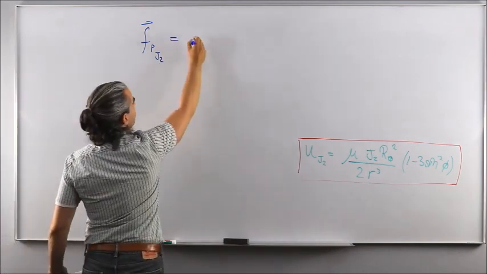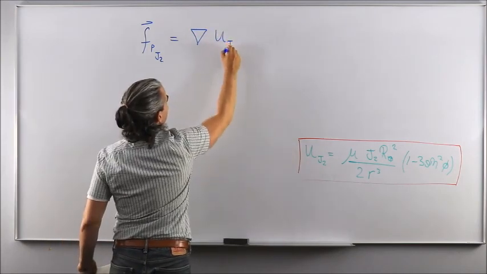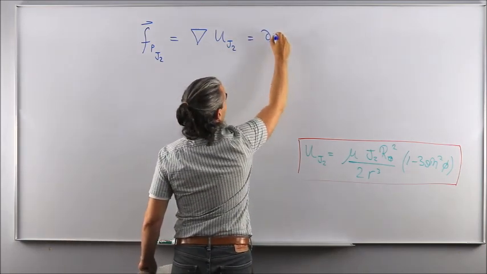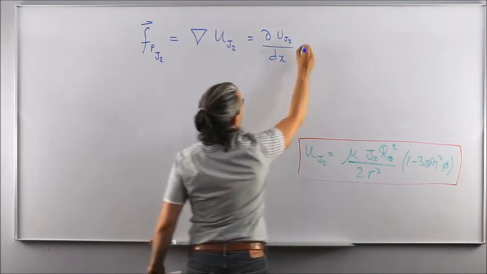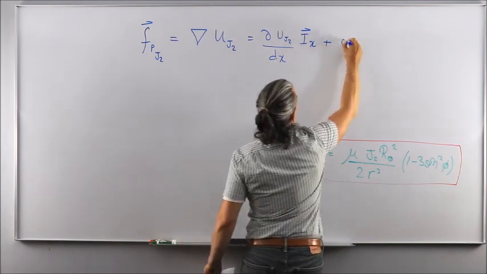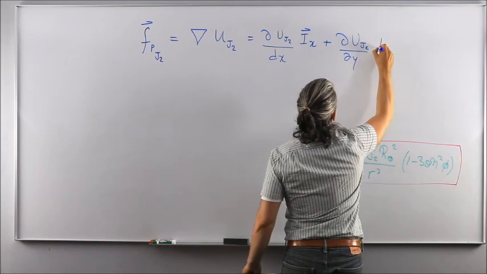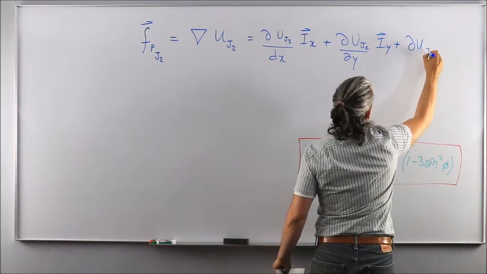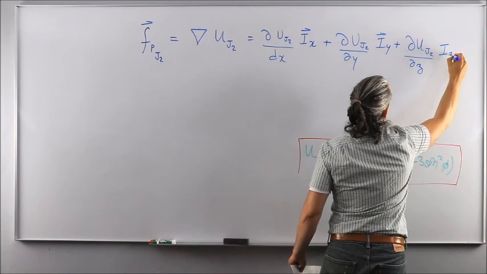For that, all we need to do is take the gradient of U J2, which means we take the partial derivative of U J2 along x and multiply it with the Ix unit direction, plus the partial derivative of U J2 with respect to y in the direction of Iy, and then the partial derivative of U J2 with respect to z along Iz.